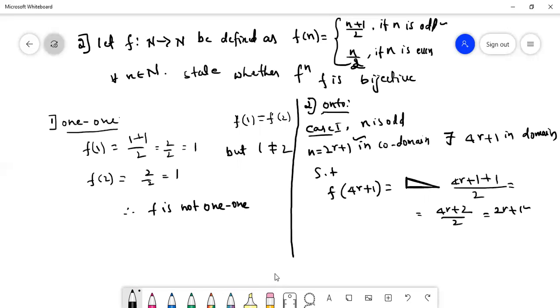Next, the second case, case 2: n is even. Even numbers are in the form of 2r. I will take one of the elements in the codomain, n is equal to 2r in the codomain.